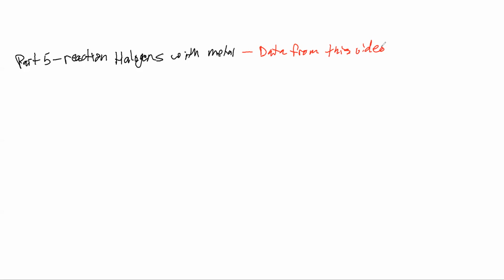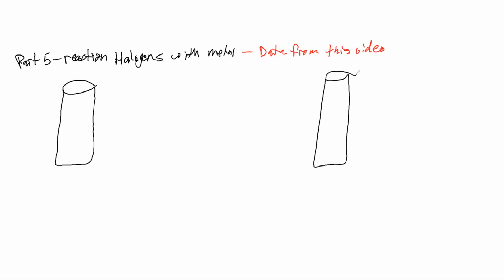So just like last time, we have 2 tests. In this one, we're going to add in some copper metal, adding copper metal into both and putting them into solution.